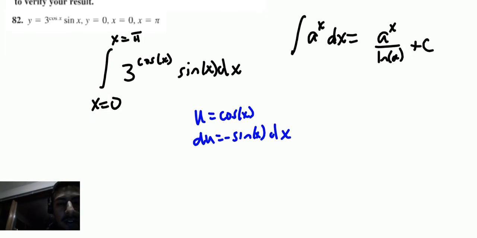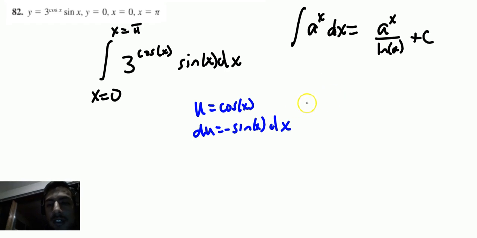And the other thing I'm going to have to do, and we missed points on this on the test, is change my x's that were 0 and pi to u's. Now, some students have found a workaround where they find the antiderivative in terms of u and then just plug the x's back in again. That's fine, but I've definitely seen multiple choice questions on the AP test that have the limits of integration change. It's a skill you need to know.